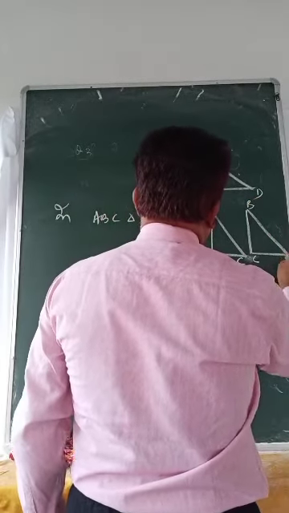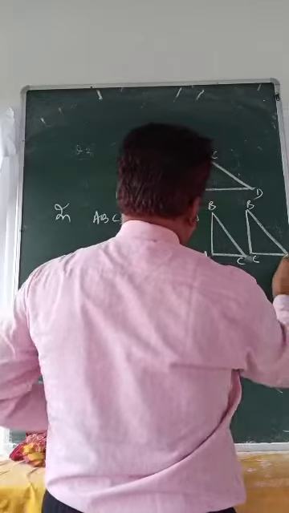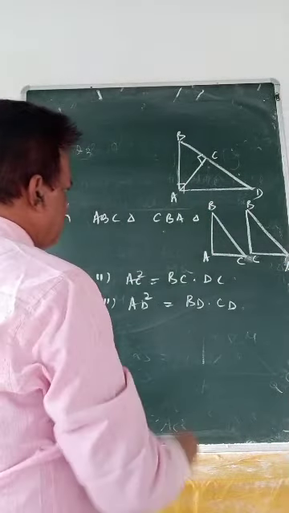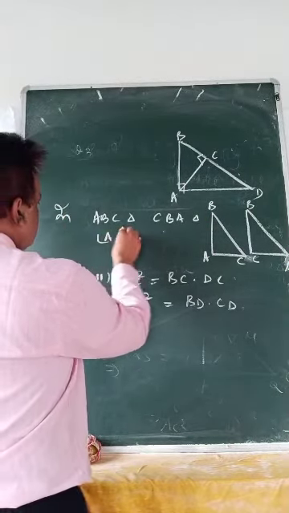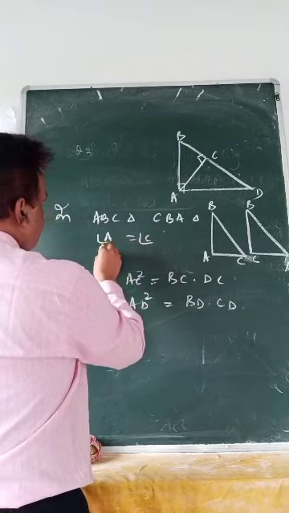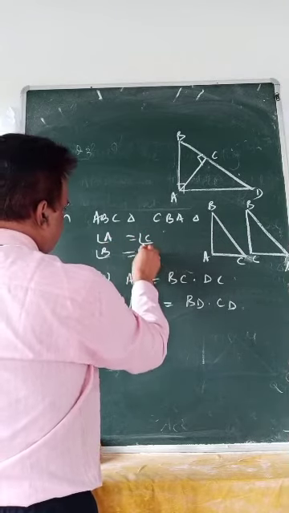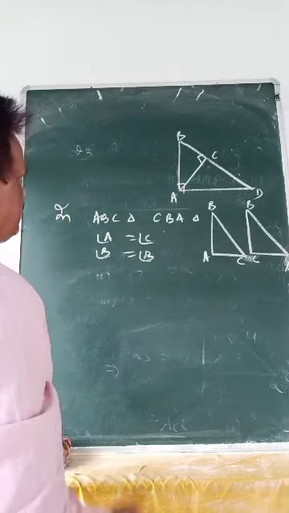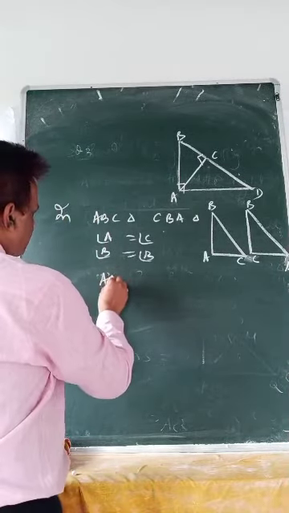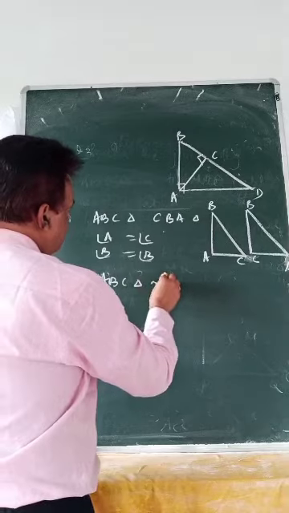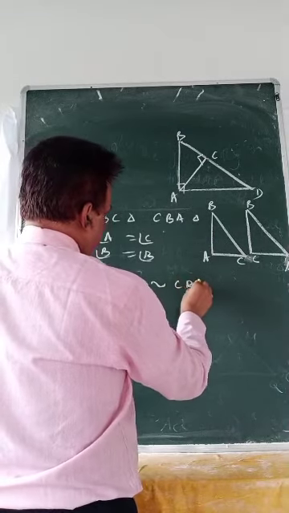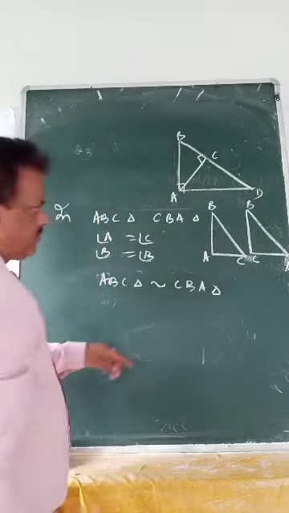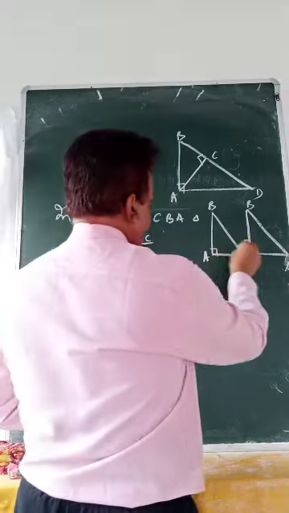CBD, CBA. Okay, A angle equals C angle, B angle equals B angle. So what did you get? Which two are similar? You got ABC triangle similar to CBA triangle. Two angles equal.